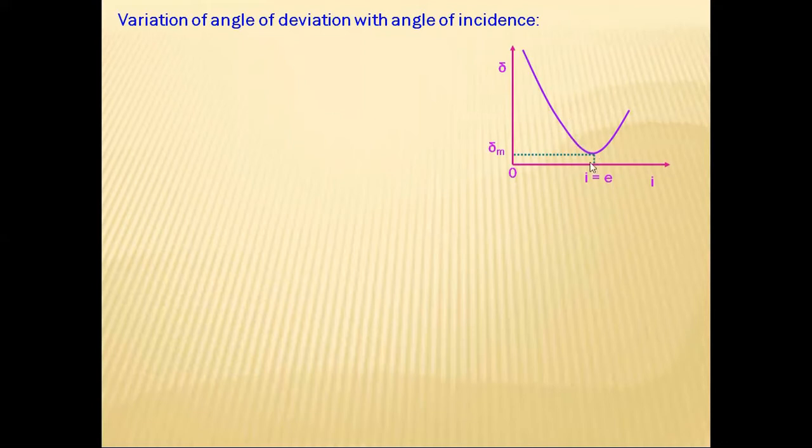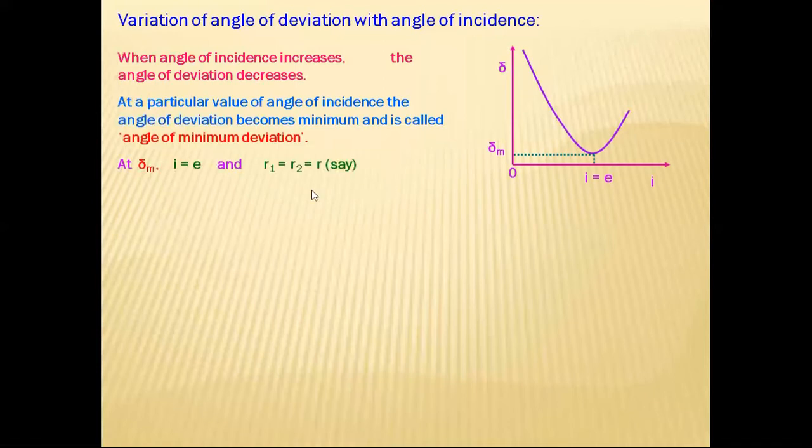And after some point of the incident angle, the deviation increases again. At the angle where the deviation is minimum, that condition is called the minimum deviation angle. We also know that at minimum deviation, I is equal to E and R1 is equal to R2, equal to R.